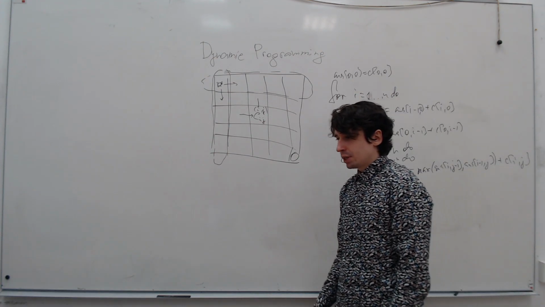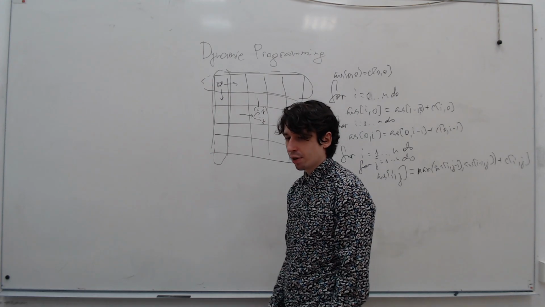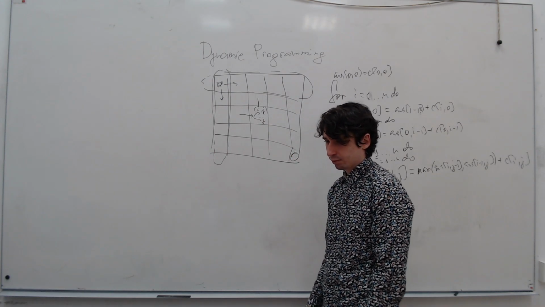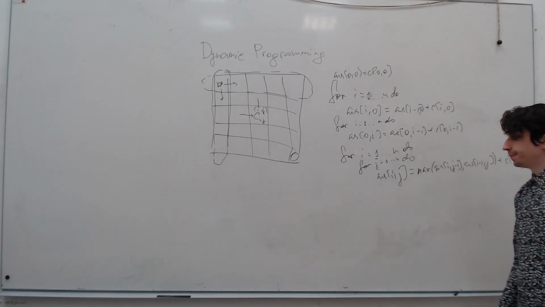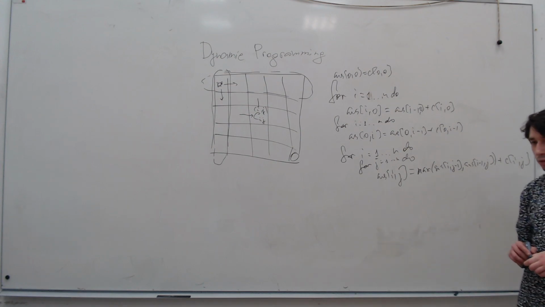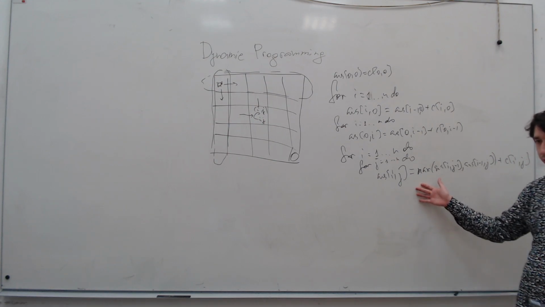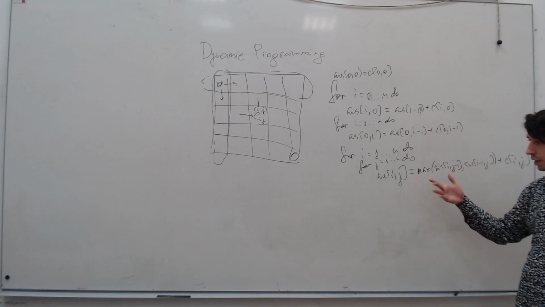Now suppose that we want to restore the path. What should we do? We should backtrack. Yeah, we should backtrack, but to backtrack we need the previous state. Yeah, but you have to write it somewhere, right? That's a good point.